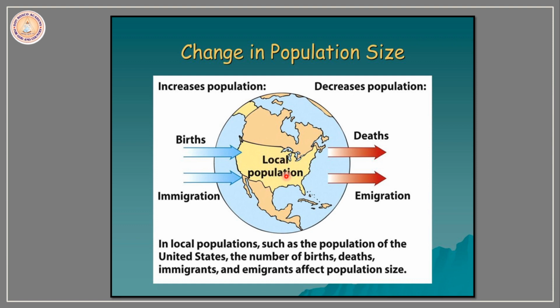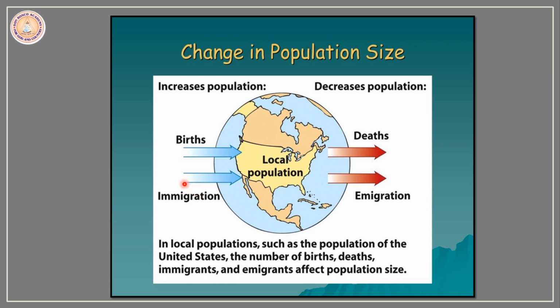Now, let's see how. When the number of immigrants, that is, people who are entering, exceeds the number of emigrants, that is, people who are leaving the country, the population begins to increase.